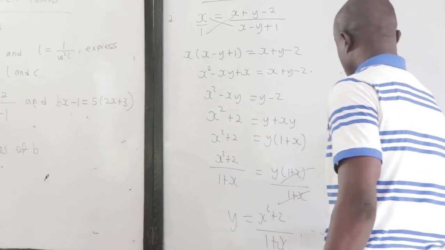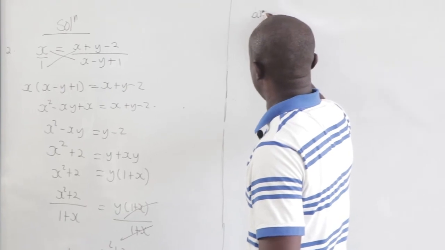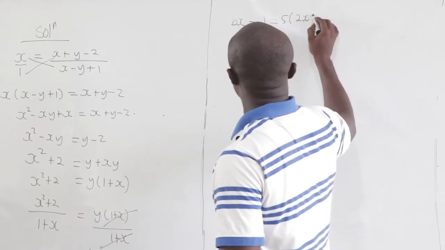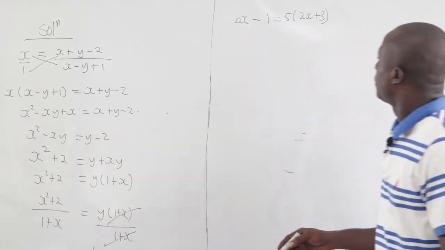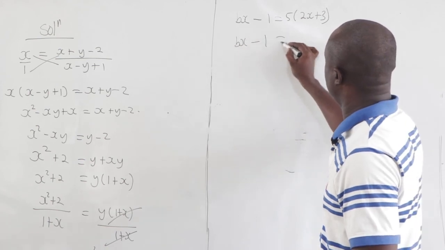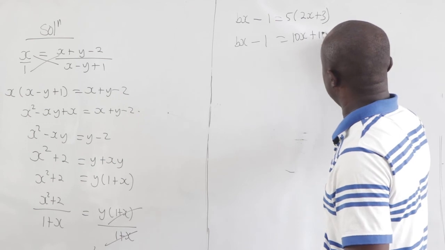What is the second equation also saying? So let's call this equation 1. The second one says bx minus 1 equal to 5 times (2x plus 3). Now from here, let's expand and make x the subject. So we have bx minus 1, 5 times 2x, 10x, 5 times 3, 15.